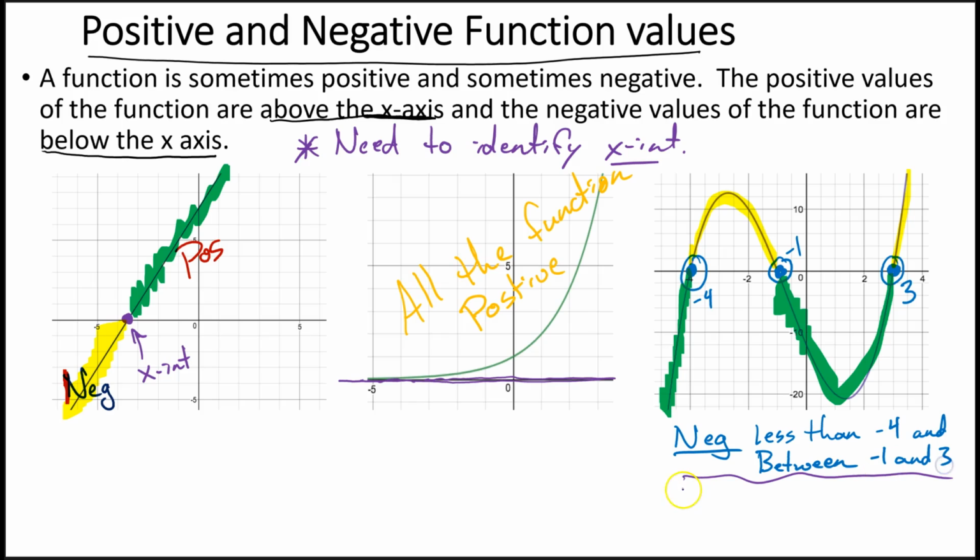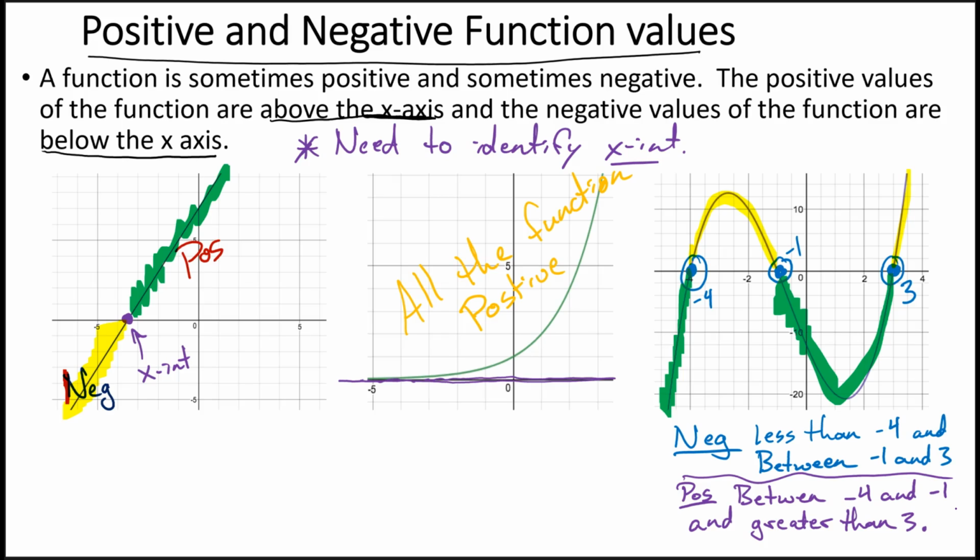And we are positive when we are between -4 and -1, and when we are greater than +3. And so those are the portions of our graph that are positive and negative. And so that's what we would want to be doing with those.